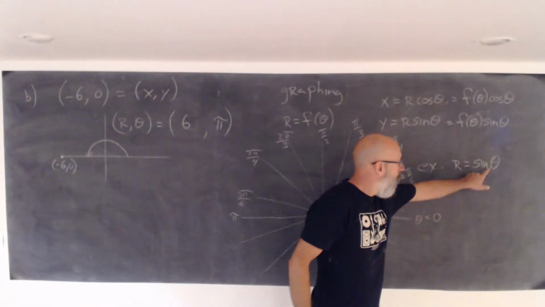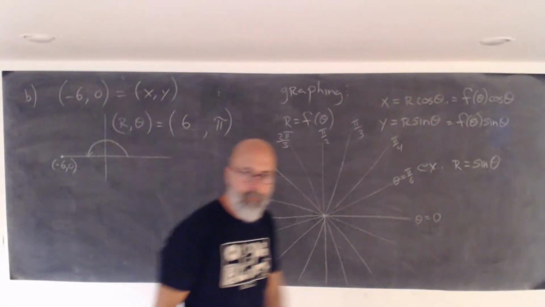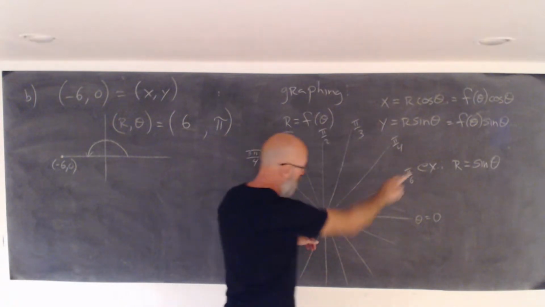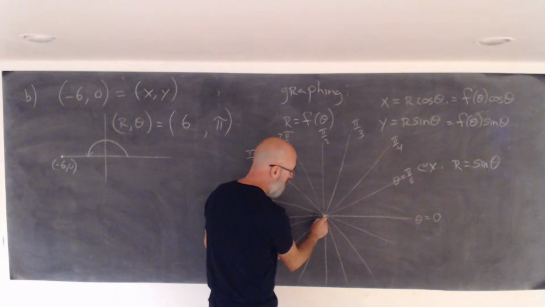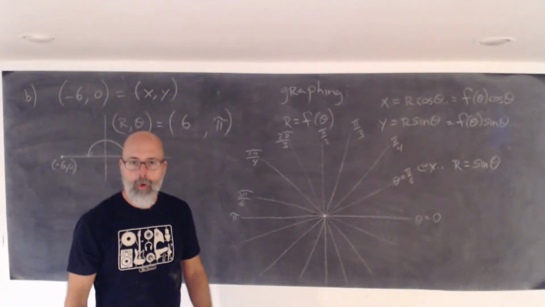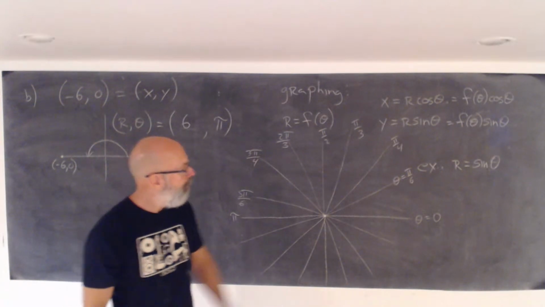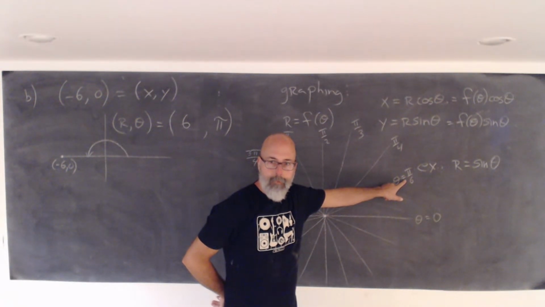When theta is 0, what is sine of 0? You know what sine of 0 is. So sine of 0 is 0. So when theta is 0, you go a distance of 0 away from the origin. In other words, you're at the origin. Sine of pi over 6 is 1/2.